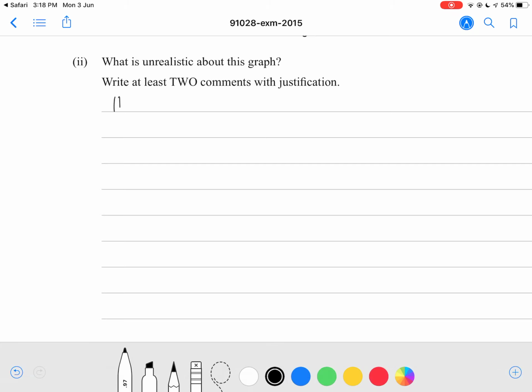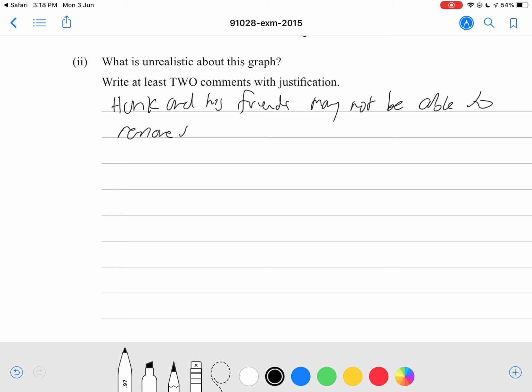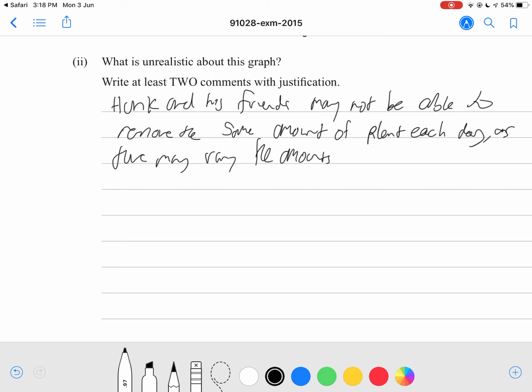So we're going to say Hank and his friends will not be able to remove the same amount of plant each day, as they may vary the amounts every day due to inconsistencies.